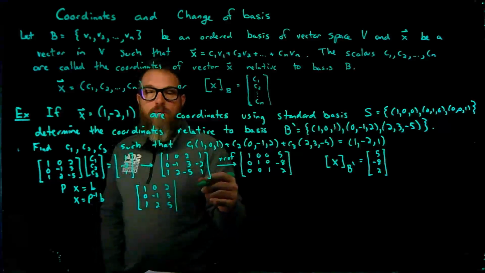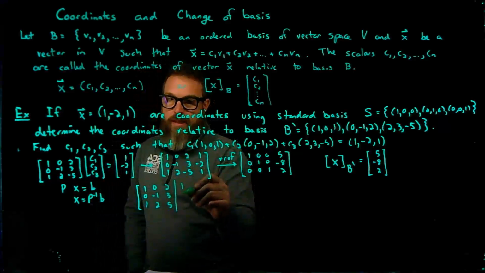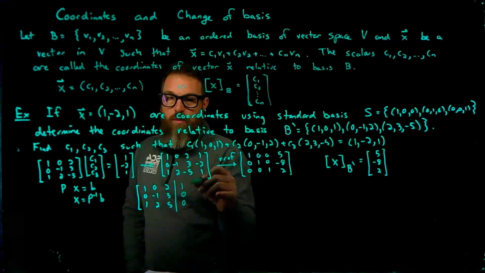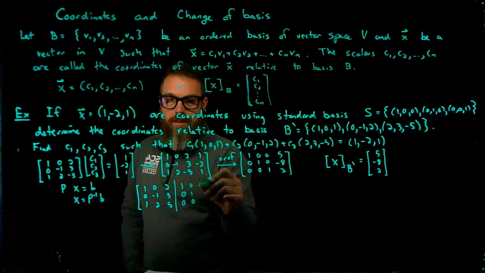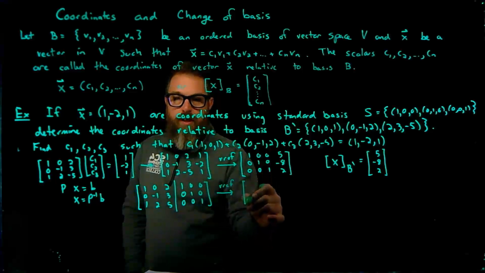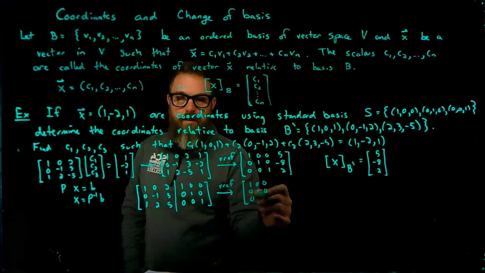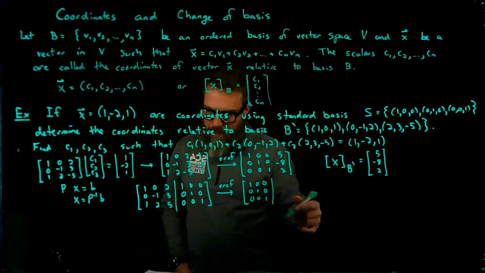And then you would join it with the identity, which happens to be the basis S. And then when we row reduce to echelon form, you're going to get the identity back here, joined with P inverse.